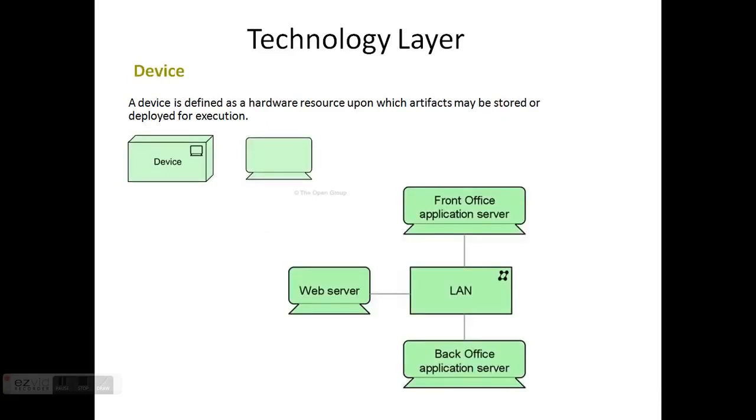Another entity is called a device. A device is a specialization of a node that represents a physical resource with processing capability. It is typically used to model hardware systems such as mainframes, PCs, or routers, basically hardware within the system.